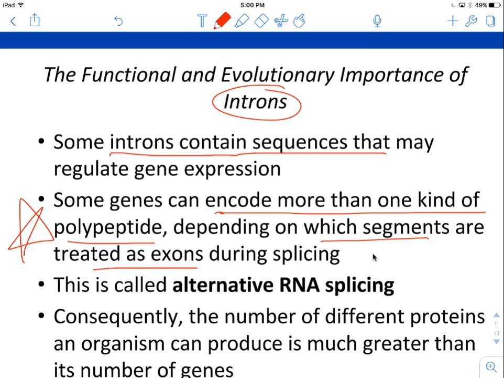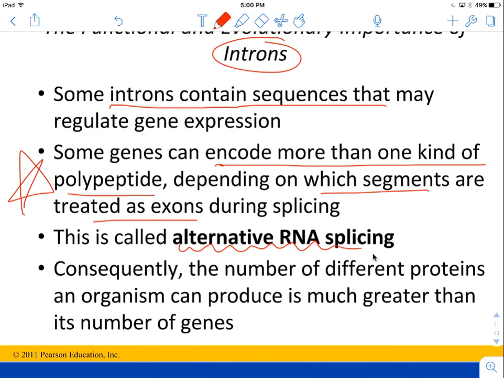It used to always be thought one gene, one protein. But if you splice your introns and exons together in alternative ways, you can make different combinations of coding sequences, and then that can make different proteins, all from the same gene.